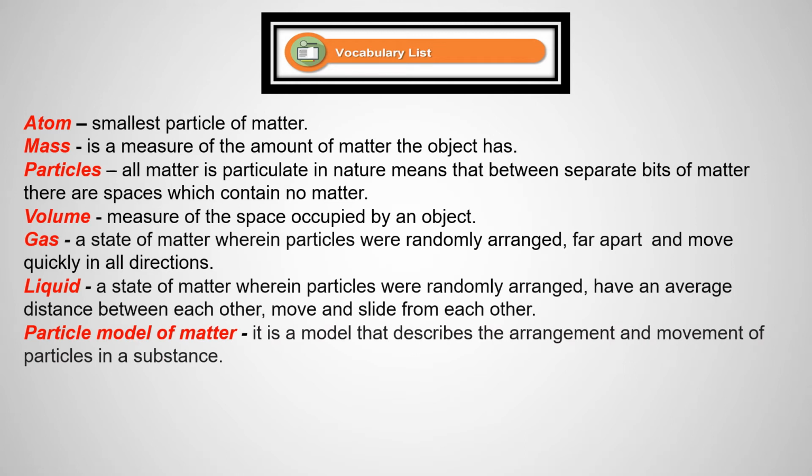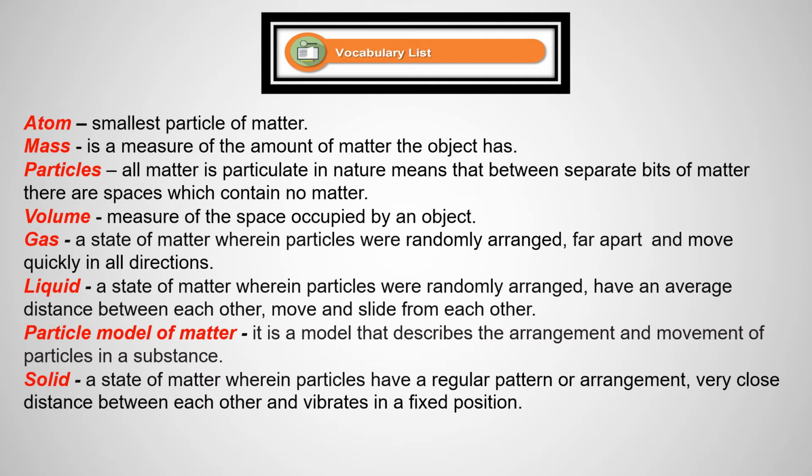Particle model of matter describes the arrangement and movement of particles in a substance. And solid is a state of matter wherein particles have a regular pattern or arrangement, very close distance between each other, and vibrate in a fixed position.